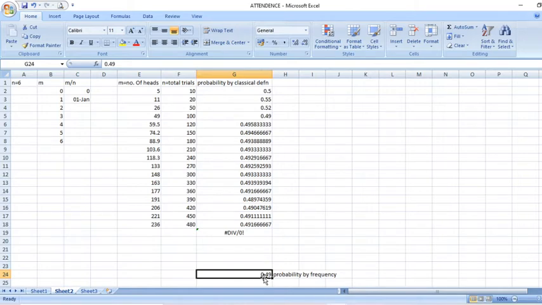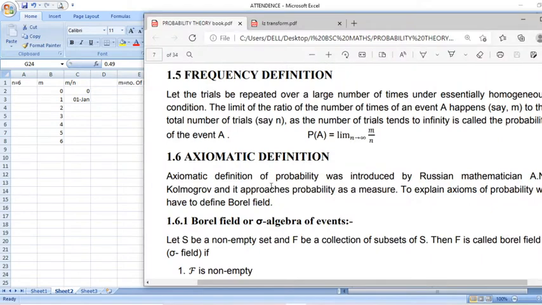It will be 0.49. This is the approach in probability definition using frequency approach. That limiting value, probability of A, is nothing but the limit as n tends to infinity of m divided by n. This is called the probability of an event by frequency definition.